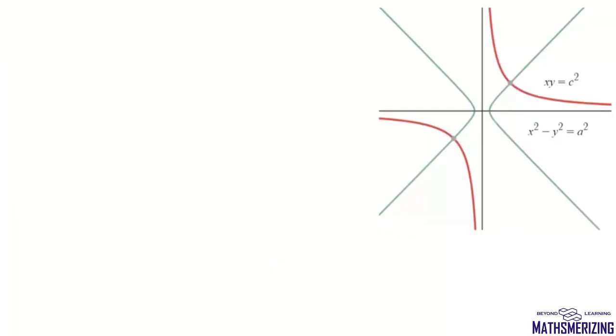Now one of the results in rectangular hyperbola is that these two rectangular hyperbolas xy equals c square and x square minus y square equals a square intersect orthogonally, or they intersect at right angles. So suppose this point of intersection P is x1, y1. Now we'll differentiate the first curve. We'll write x dy by dx plus y equals 0. Then m1 equals minus y1 upon x1.